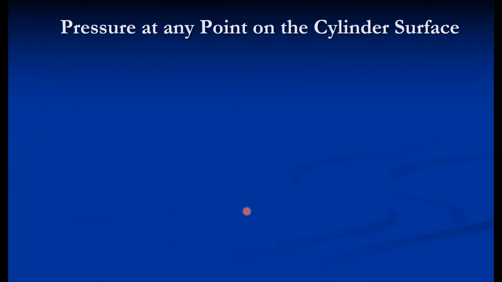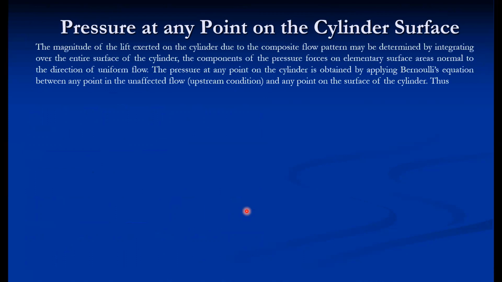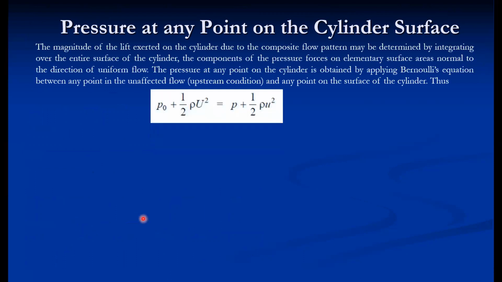Now, in order to calculate the pressure at one particular point, we can use Bernoulli's equation. Bernoulli's equation is applied just before the entry, that is a few meters before the domain of the cylinder, where the pressure is atmospheric and the velocity is the mainstream velocity, and the pressure at any point on the cylinder, which varies with angle as well.